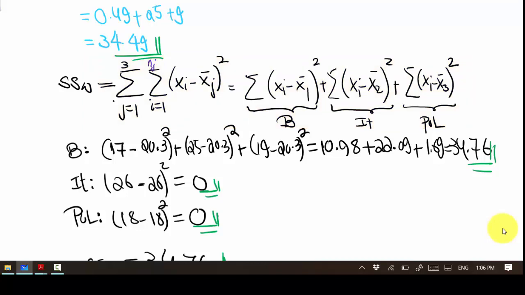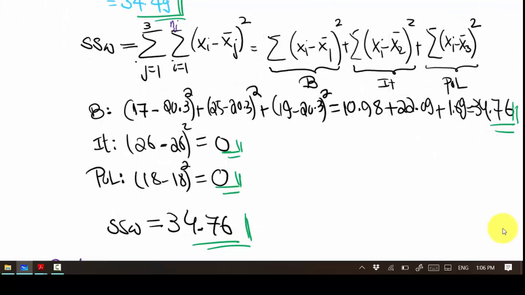Remember that in the first sum, x1, x2, and x3 are the ages of the 3 business students. Here we have only one IT student, so x1 is the age of that only IT student, and x1 here is the age of that only one political science student. Now let me simplify each sum separately. The first sum is for business students. Therefore, for xi I have 3 values: 17 minus 20.3 squared plus 25 minus 20.3 squared, and so on.